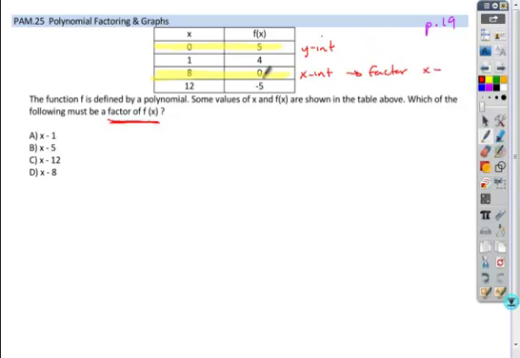So the factor is x minus whatever the value of x is here that gives you that 0. So you know that the factor that corresponds to this 0 right here is x minus 8. And so that would be your solution. Okay, but to be able to interpret how factors correspond to the points on the graph, represented both on the graph and in a table, okay, again, will be something potentially useful.